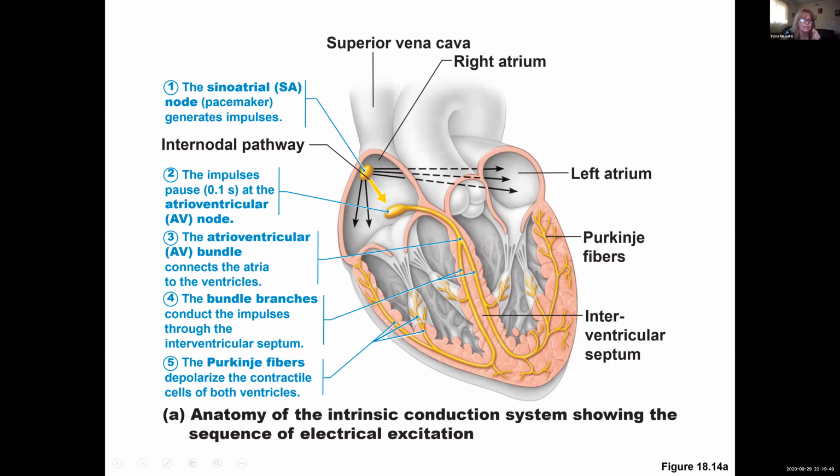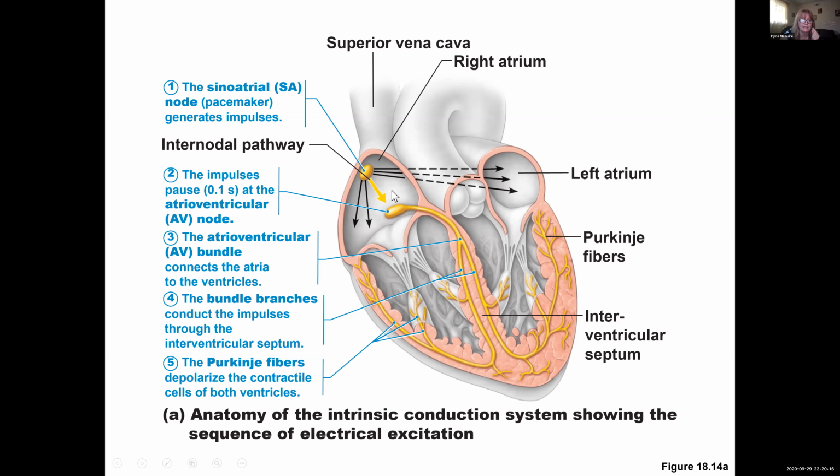The AV node is the atrioventricular node, between atria and ventricles. And here we have some delay of the impulse, about 0.1 second. Now from here, the electrical impulse moves to the AV bundle, the atrioventricular bundle.